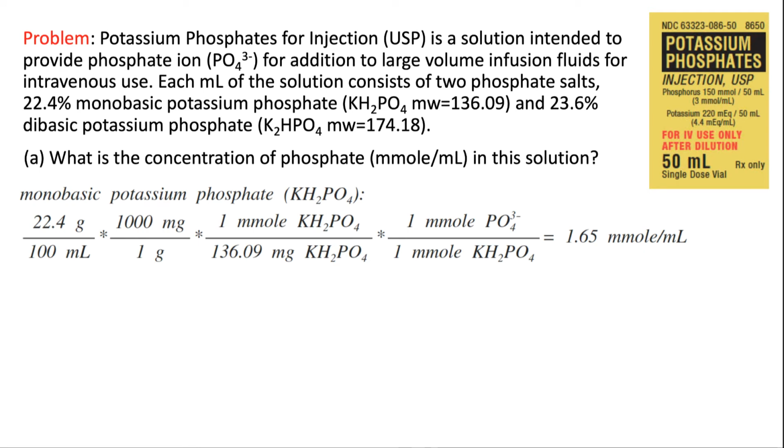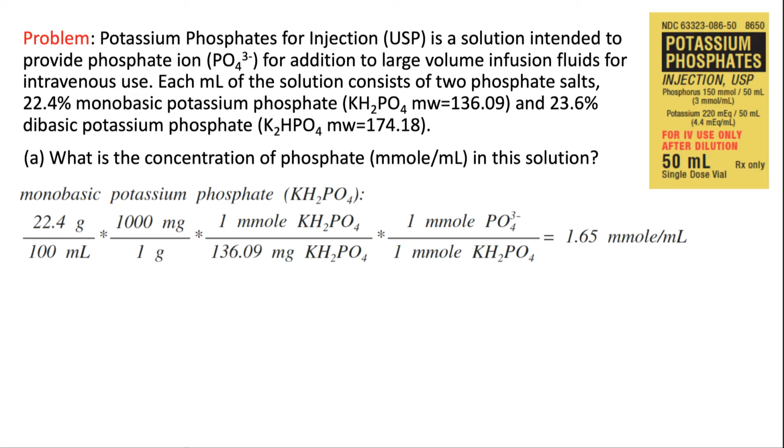Okay? And what we're going to do is start with the fact that we were told we have a 22.4% weight per volume solution. Okay? So from that, we can express that concentration as 22.4 grams per 100 milliliters. So we're going to start off with our concentration expressed in grams per 100 milliliters. All right?